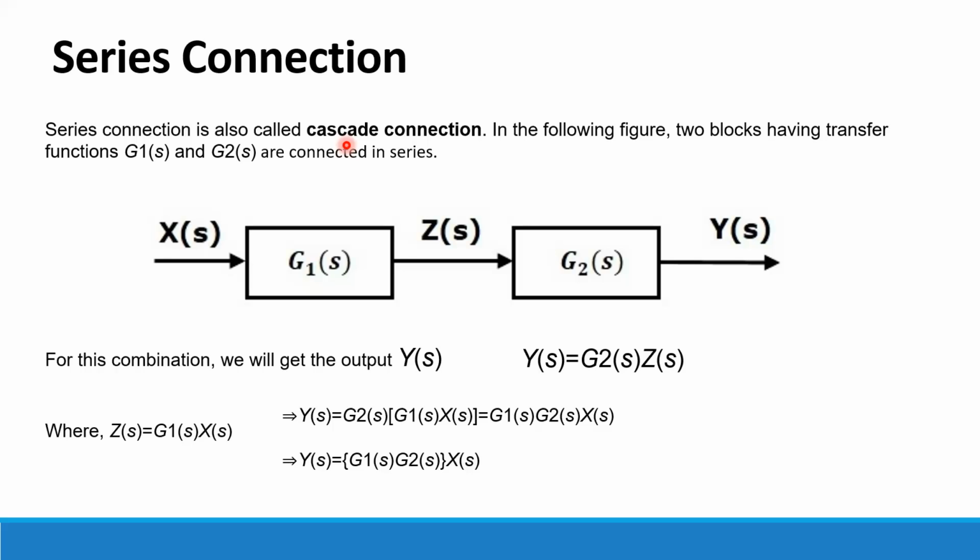Now in this type of connection, two blocks are connected in series with each other. There is one input to the first block, that is X of S, then there is the output of this G1 of S block, that means block number 1, and that output is represented by Z of S. This Z of S is the input for the next block, and this block also has an output.